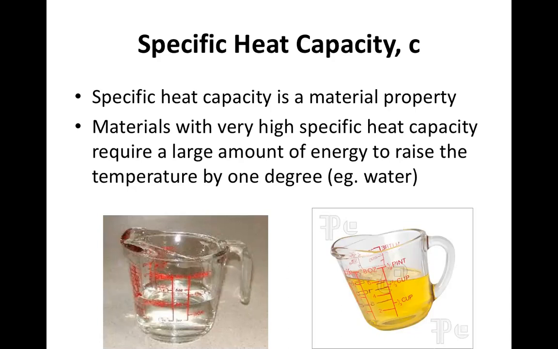So if you have a set amount of energy available for warming the water or the oil, that energy might produce a very small temperature change for the water, but a very large temperature change for the oil.